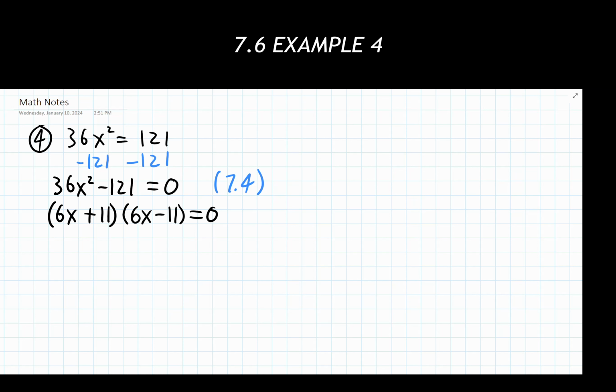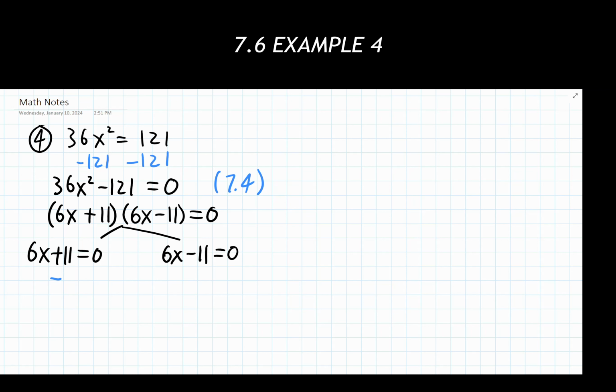Moving on to step 3, we need to use the zero product property and set each factor equal to 0. So again, I'm just splitting these things apart. 6x plus 11 equals 0, and 6x minus 11 equals 0. And then from here, step 4, I should say, solve the factored equations and get to our final answer.